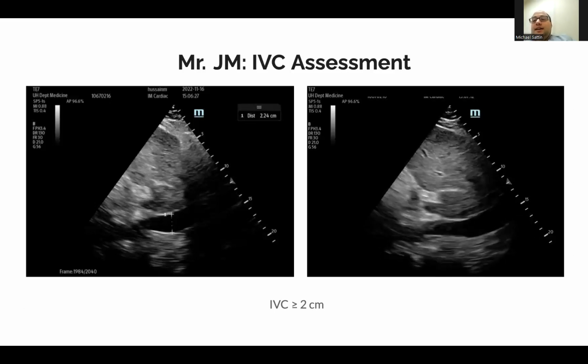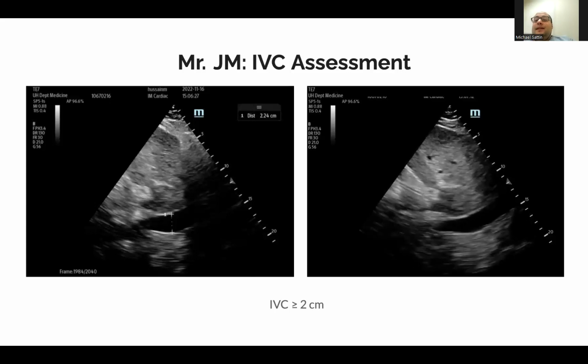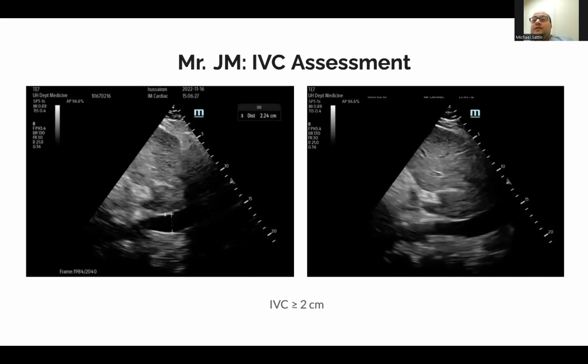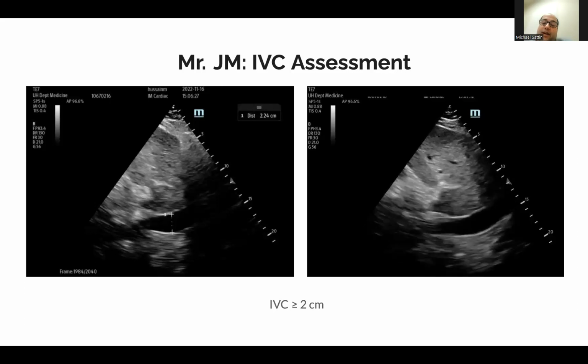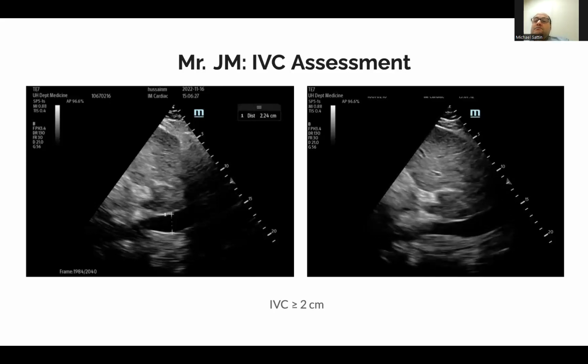But awesome case. It'd be interesting to see if the renal vein Doppler and everything there improve with diuresis.